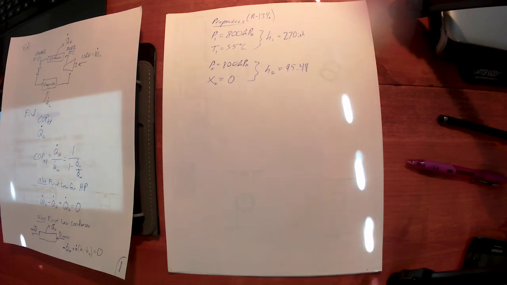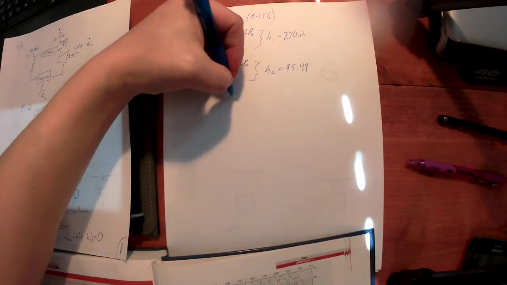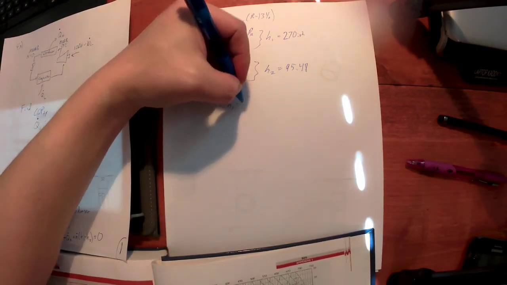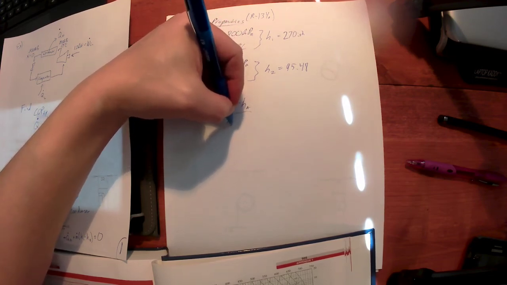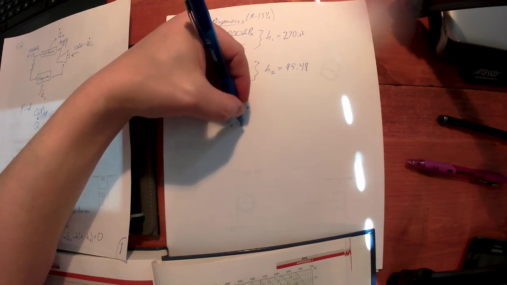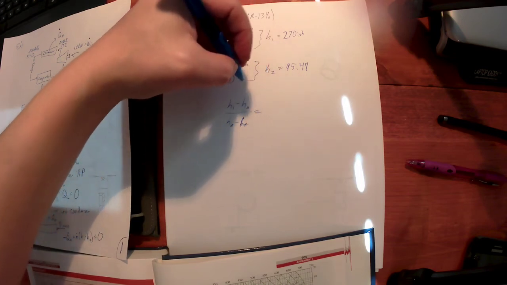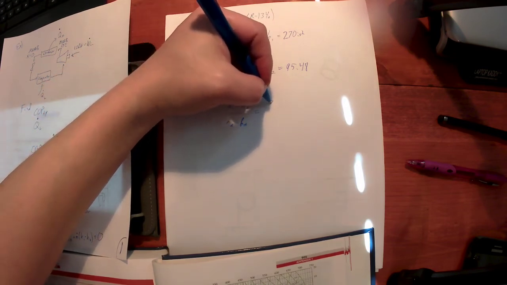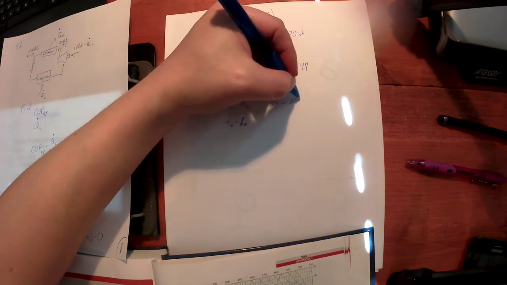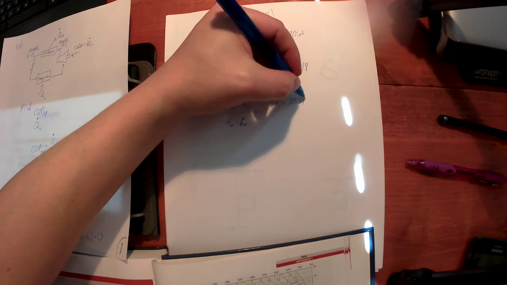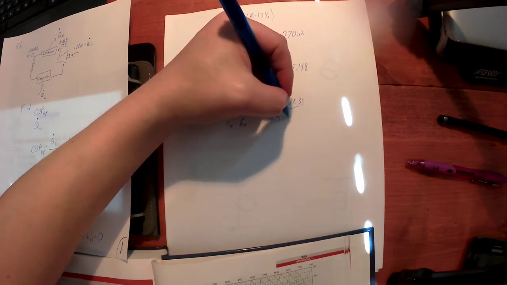Alright. Now to interpolate, H1 minus HA divided by HB minus HA is equal to, I've got 35 degrees. I've got a row for the saturated temperature, that's 31.31, and I've got a row for 40. So it's 35 minus 31.31 over 40 minus 31.31.